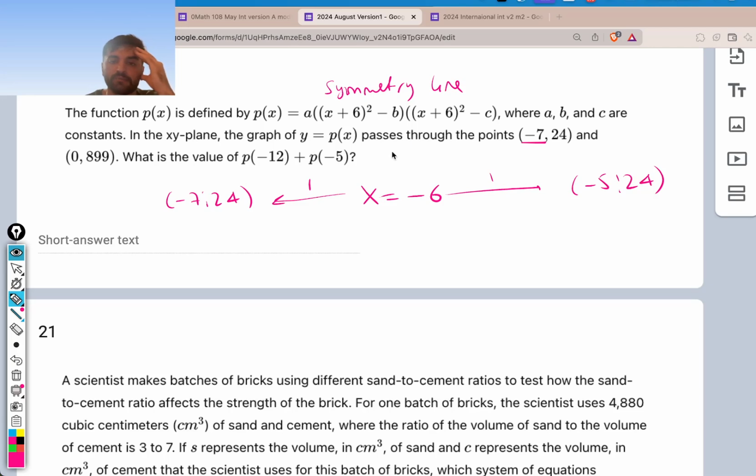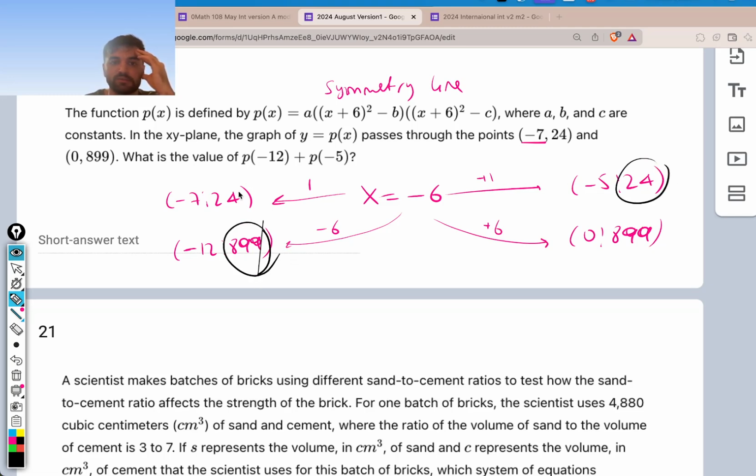Again, for p of 0, I mean 0, we have 6 units, right? Plus 6. If you also subtract 6 from here, you will get also same value. And from here we can say that answer is 923. So sum of these two values.